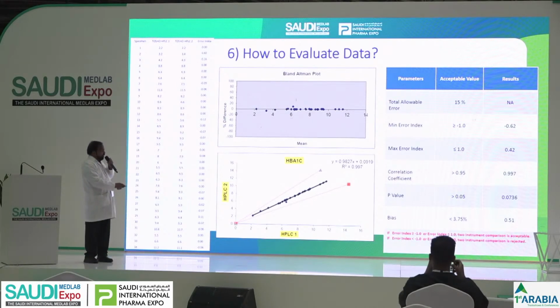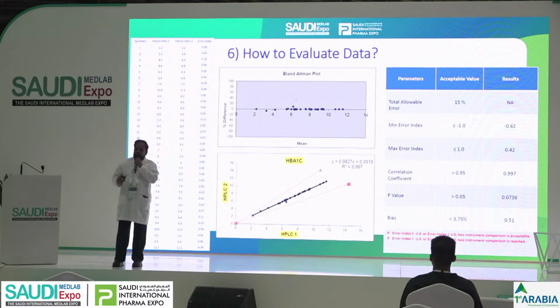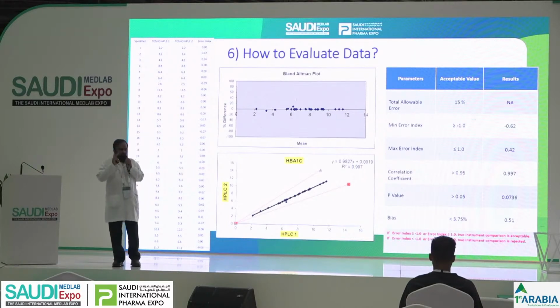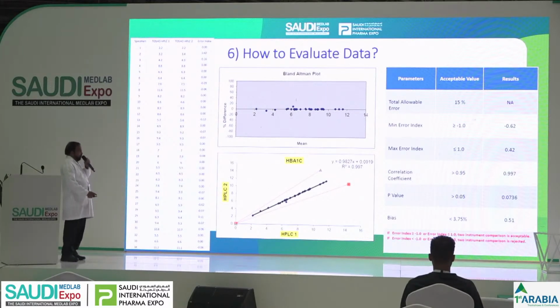Once you have the total allowable error, then the next columns are the minimum error index and the maximum error index, which cannot be more than plus or minus 1. The minimum is minus 1, the maximum plus 1. If these two parameters pass, then you go to the third one, which is the correlation coefficient.